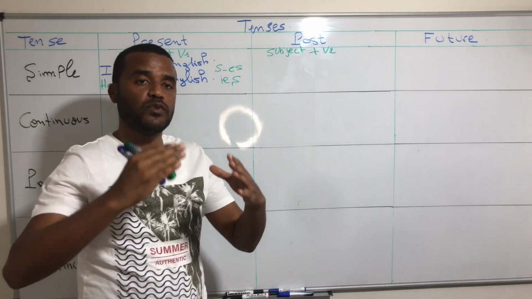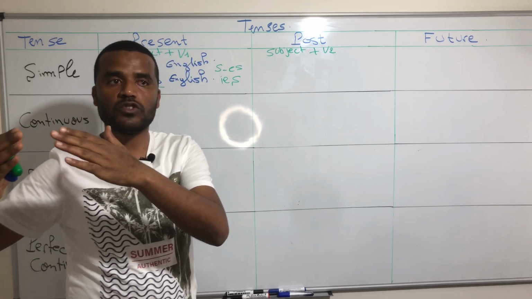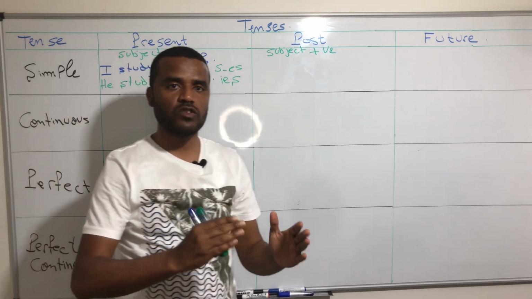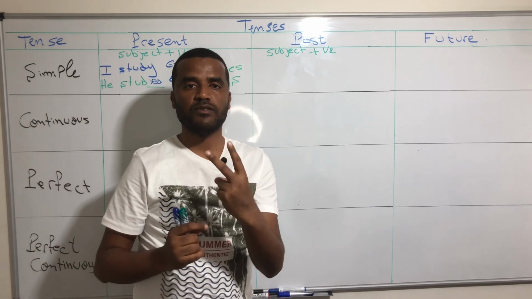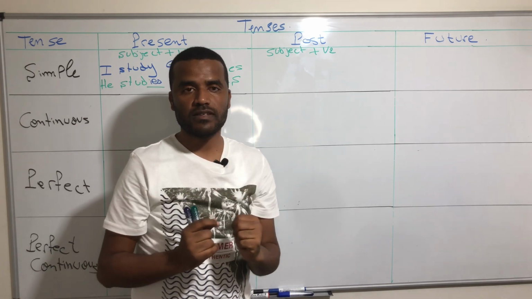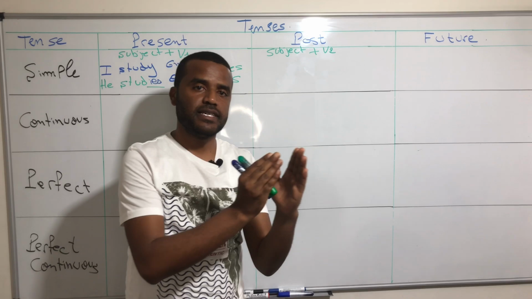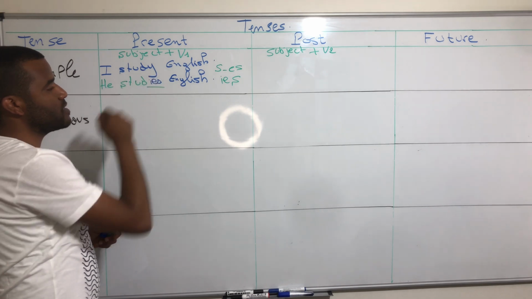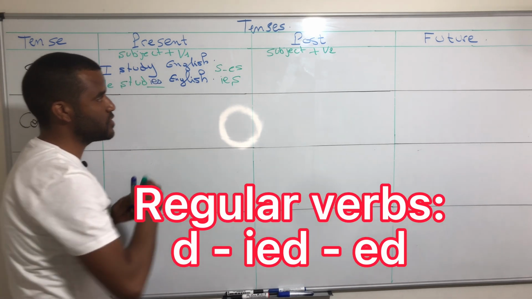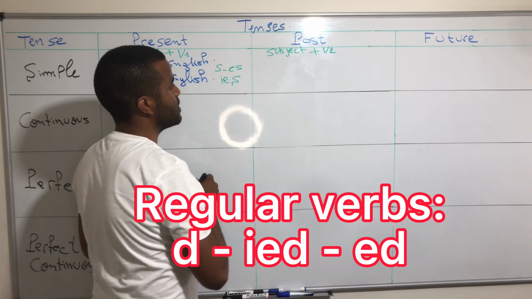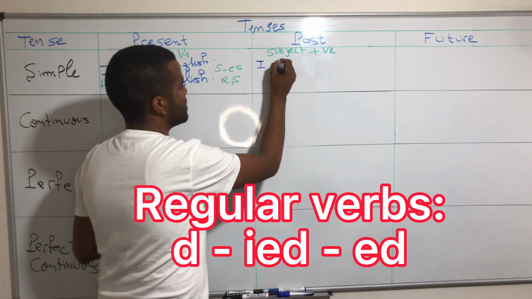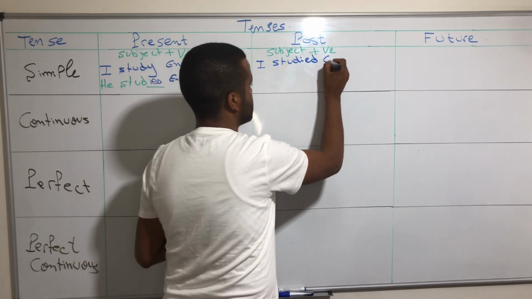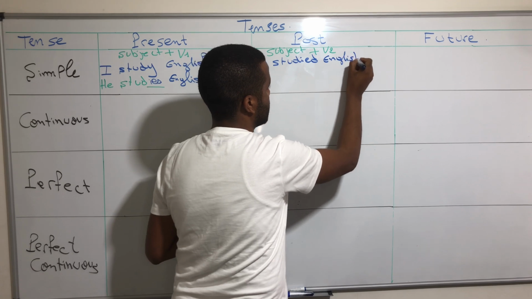Since we are talking about simple past, we should know the difference between regular and irregular verbs. I'm going to give you two sentences, one with a regular and one with an irregular verb. We take the same sentence: I studied English.